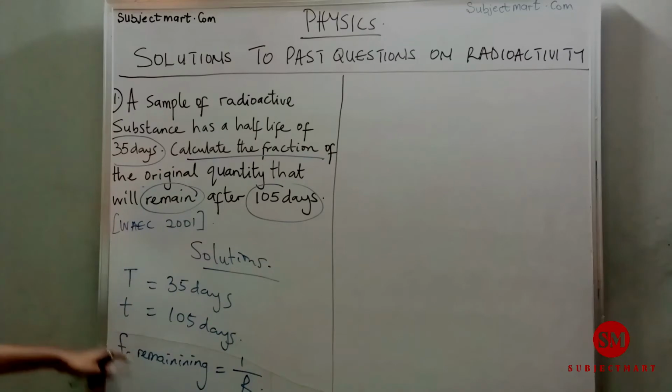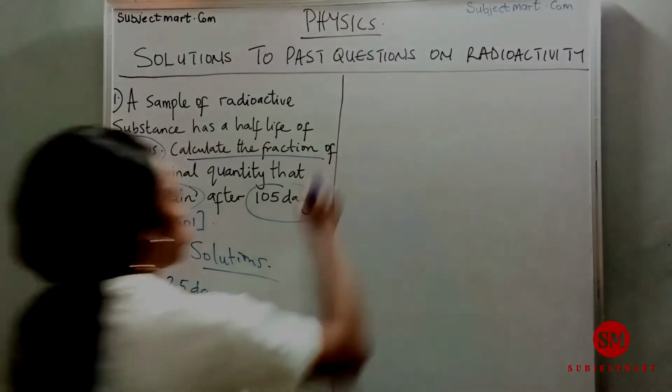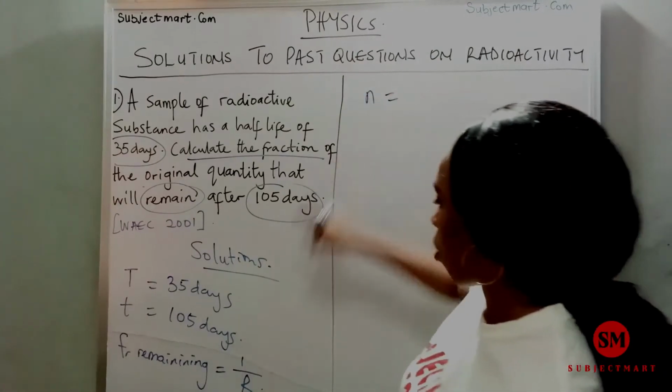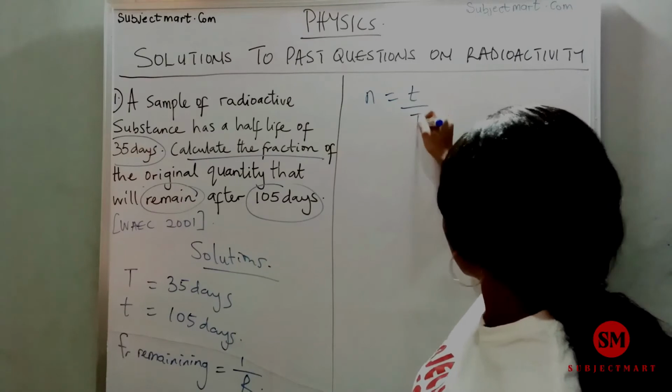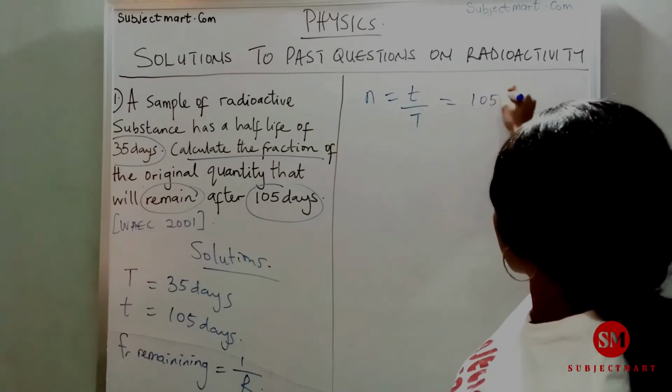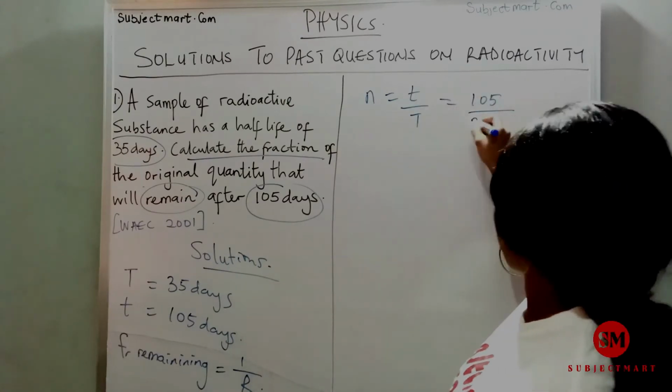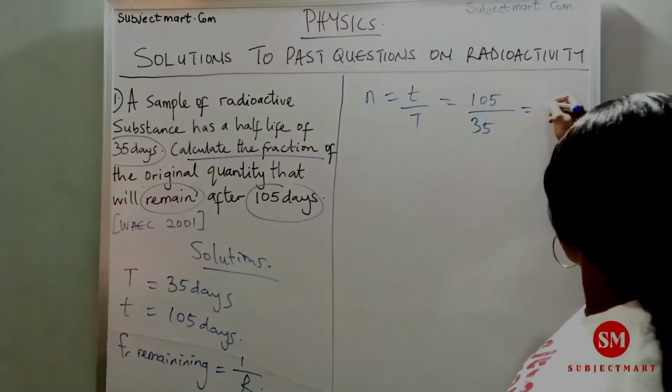So we have T and t and we don't have our R. To get our R, we use this formula. n is equal to, there's a formula connecting T and t, which is equal to t over T. And that gives us 105 over 35, and this will give us 3.